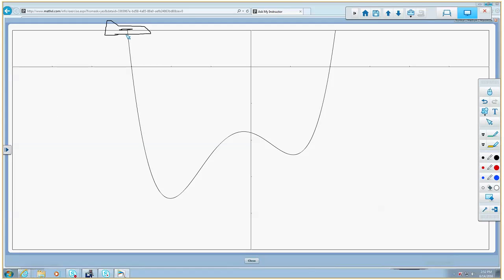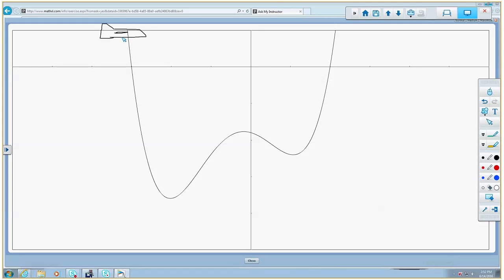Now, what is that plane doing as it moves this way along x? It's descending. And then what is it doing here? It's ascending. And here? It's descending. And here? It's ascending.